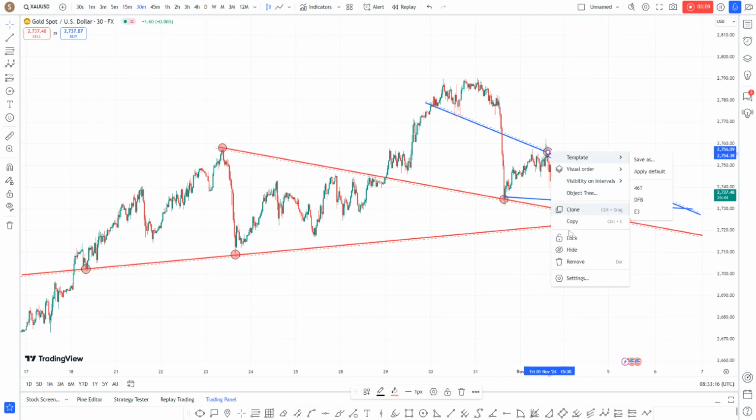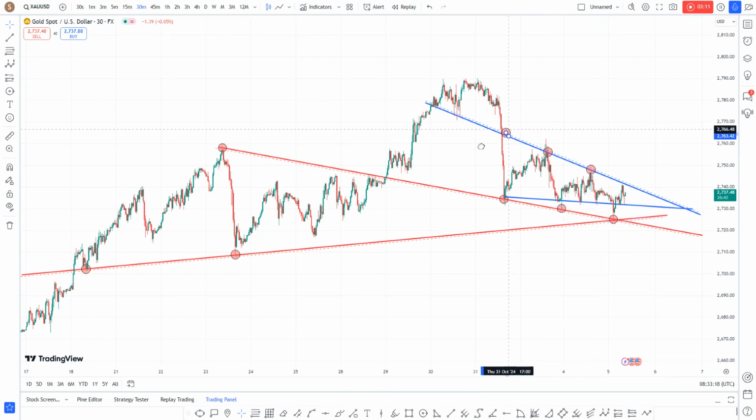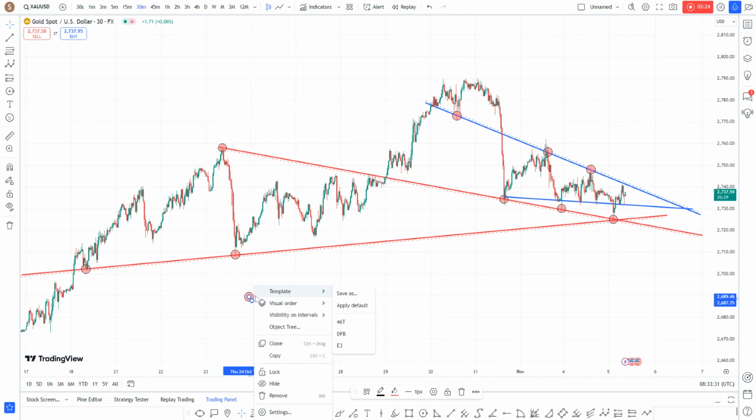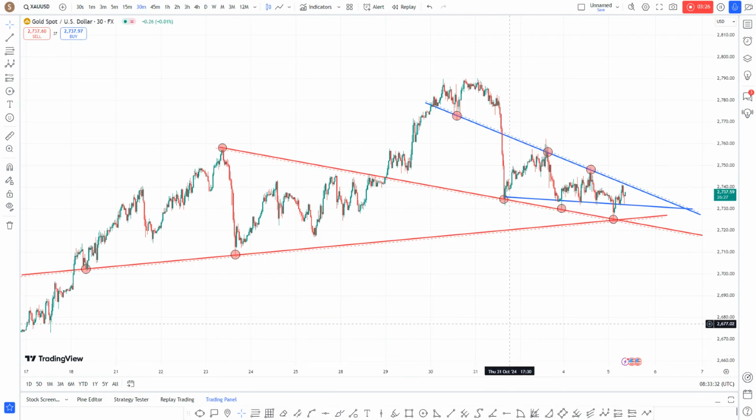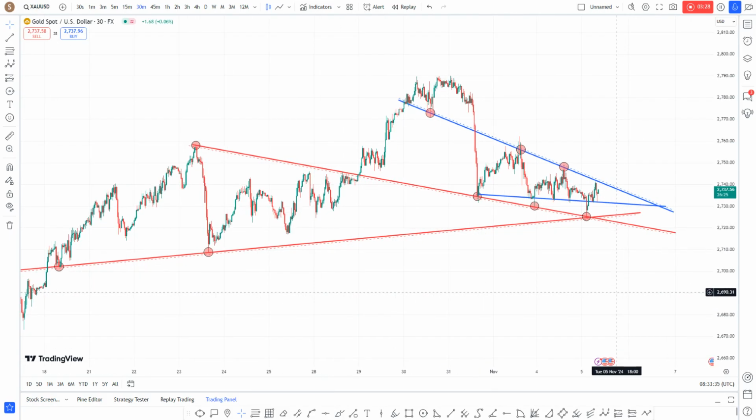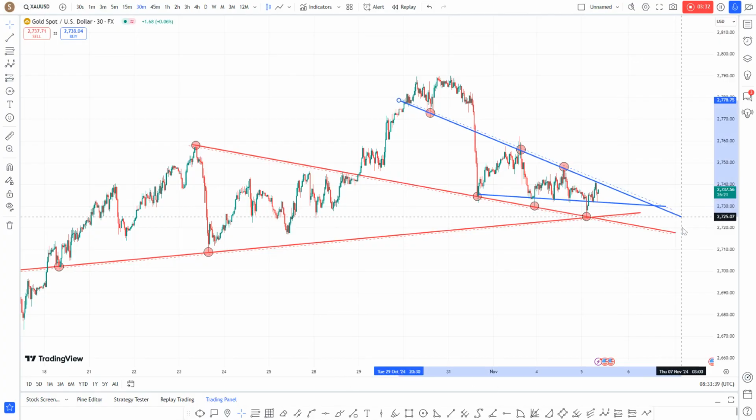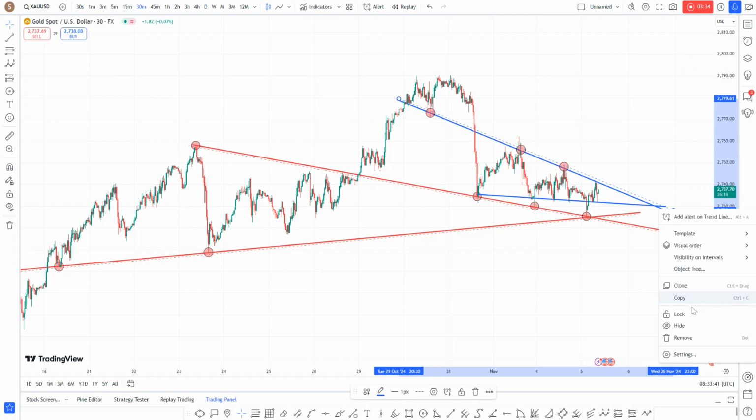But at the moment, price trading below this shows that buyers are risk averse, and everybody is taking precaution based on the outcome of the United States election. So this is what we have on 30 minutes, and it's playing a perfect buy-sell scenario, and we would like to see it play out the way we want.